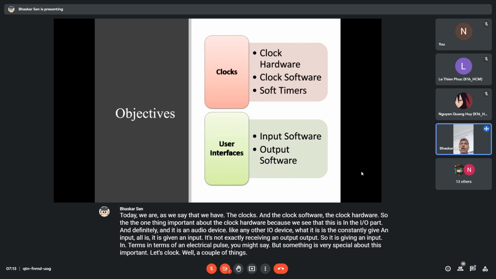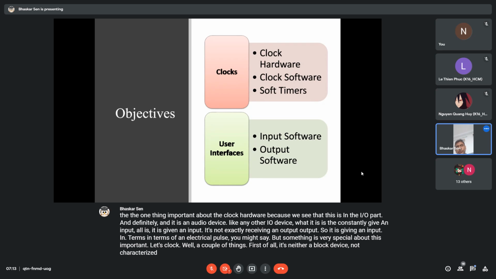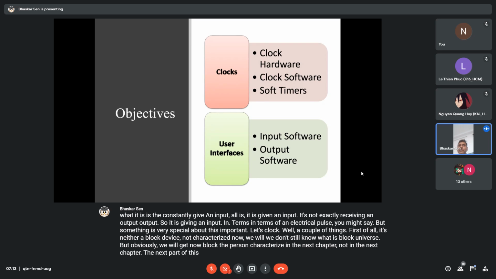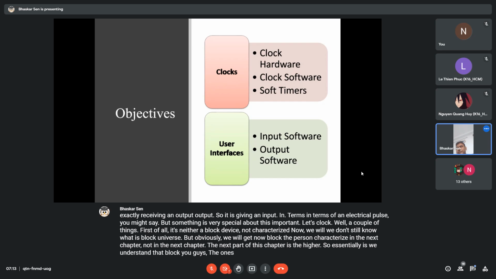First of all, it's neither a block device nor a character device. Now, we still don't know what a block device versus a character device is, but obviously we will get to know block device and character device in the next part of this chapter, that is the I/O. Essentially, block devices are the ones that deal with memory. For example, disk.